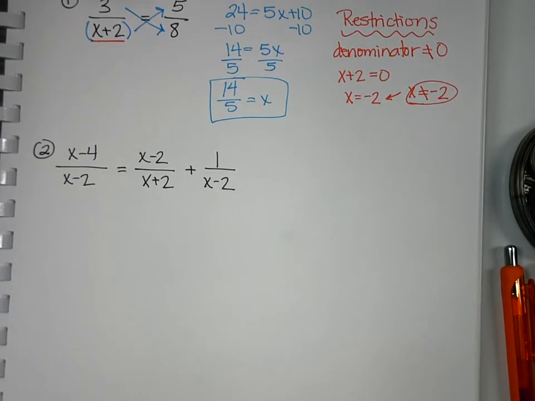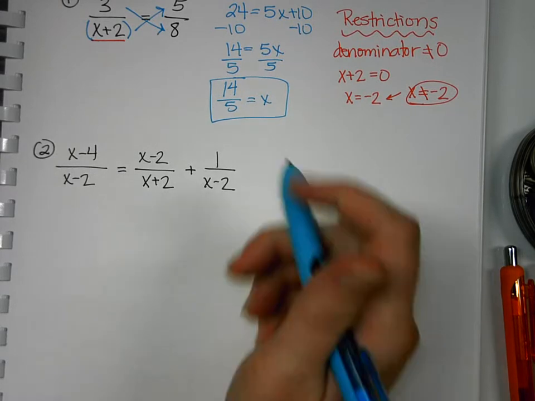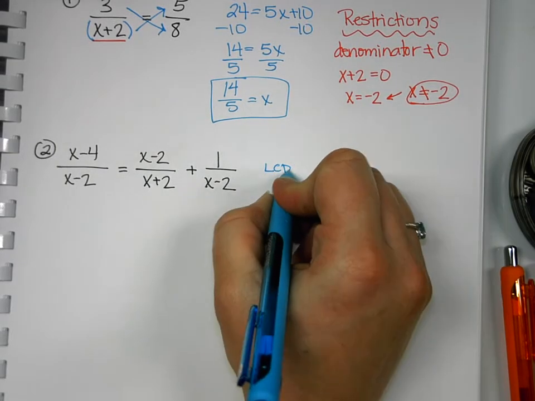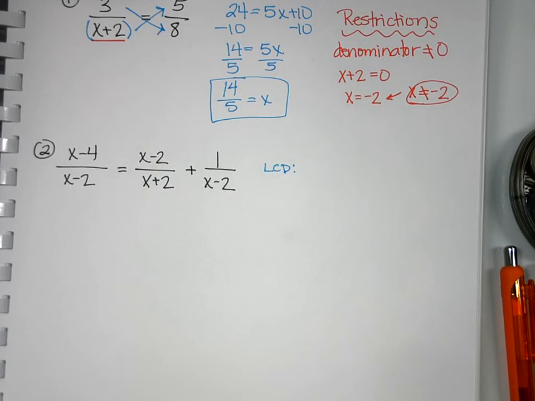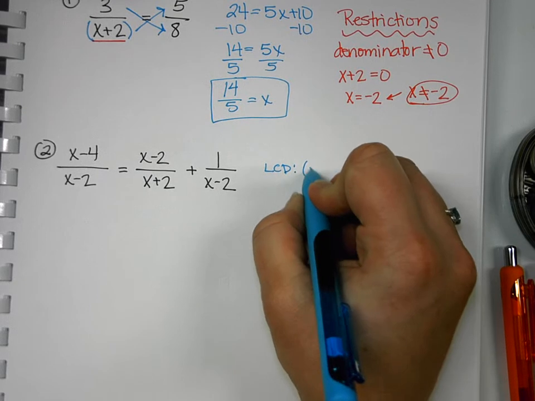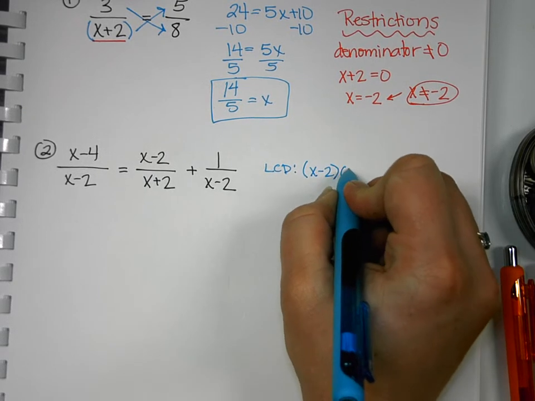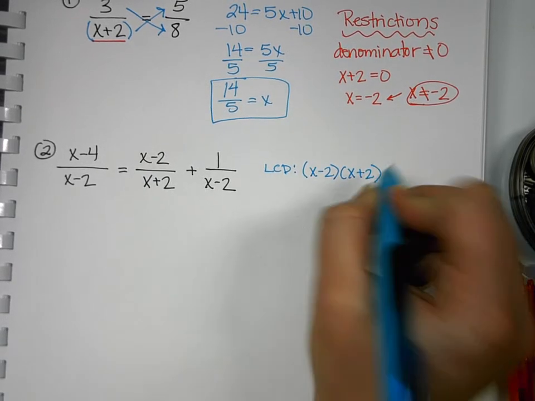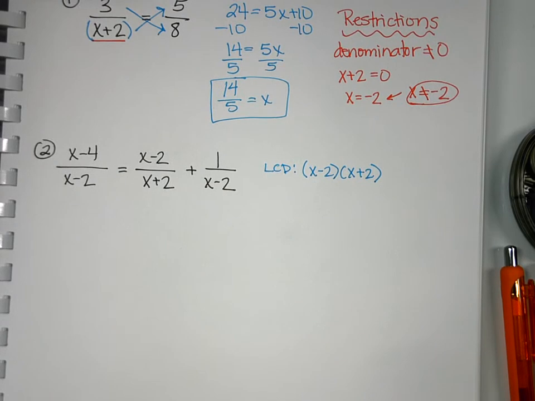What you could do, so this is one of our methods, is just like in the last unit, find your LCD. So if I were going to add these together or combine all these fractions, what would the common denominator be? So in looking at my denominators, I have x minus 2 and x plus 2. So those together would become my common denominator.